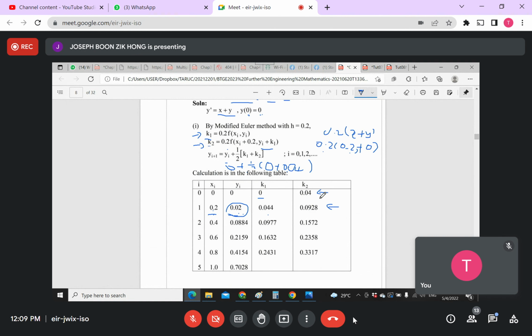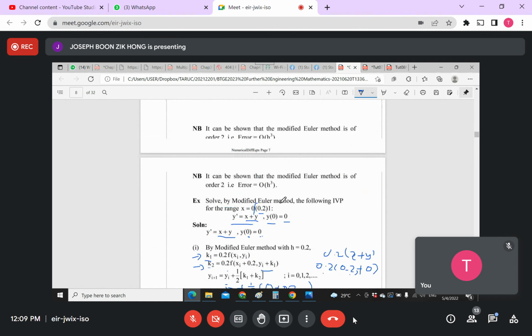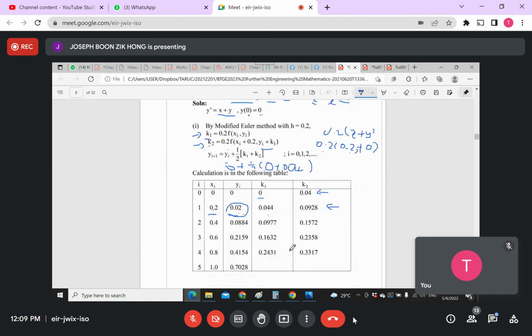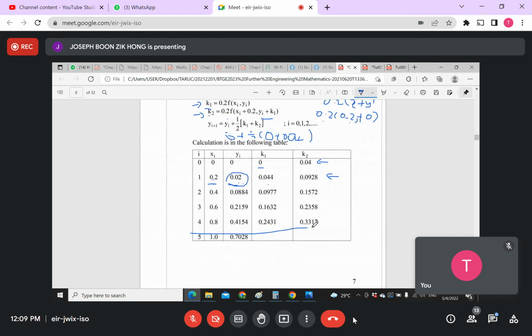And keep repeating until, does it mention where to stop? Let me see. This question actually should mention your x is from where to where, but that's not mentioned. But in exam, normally it will be mentioned, no worry. This one I assume is until here, let's say.